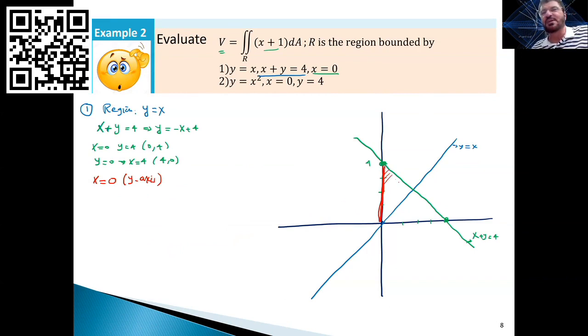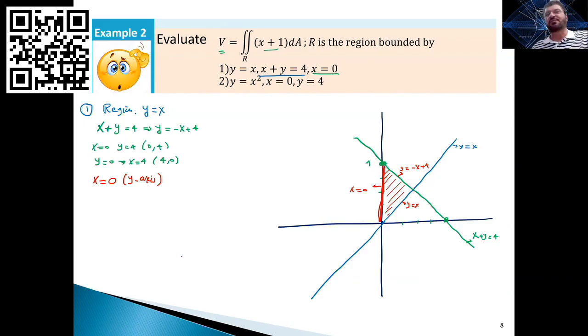It's exactly this one, guys. That's our region. Isn't it bounded between the 3? Yes. It's bounded between y equal x, y equal minus x plus 4, and x equal to 0. This is the region that is bounded between these 3 lines.